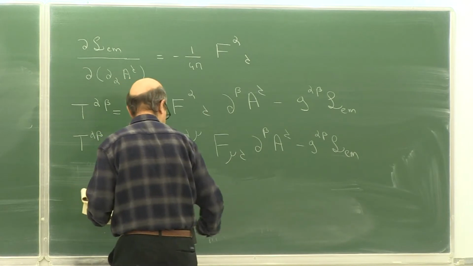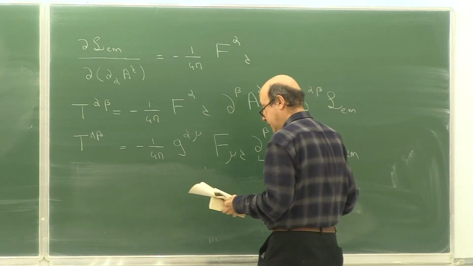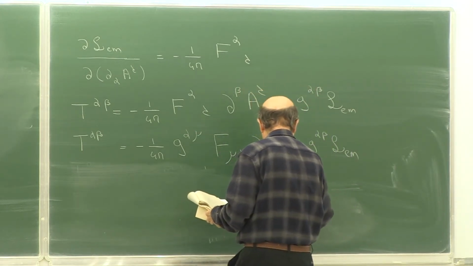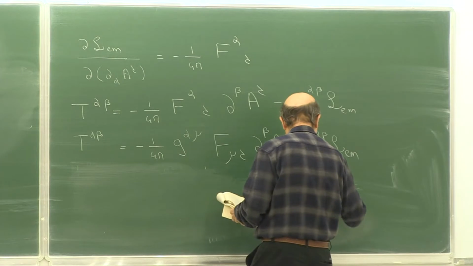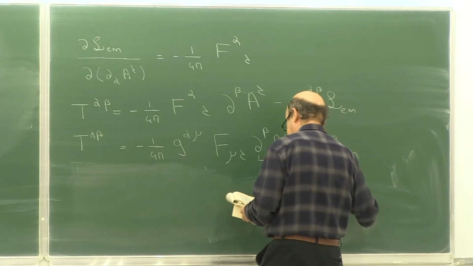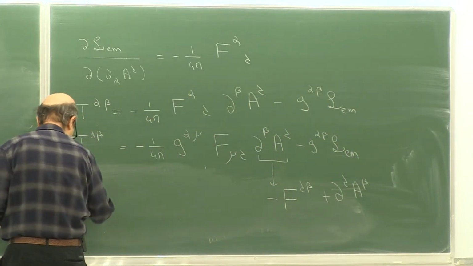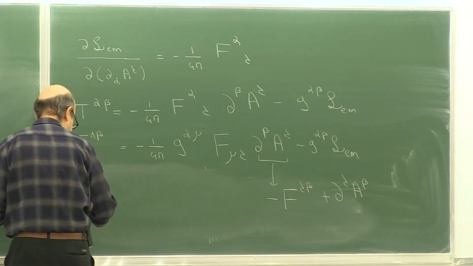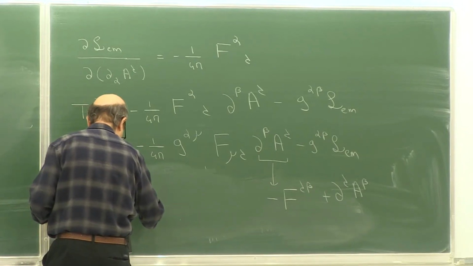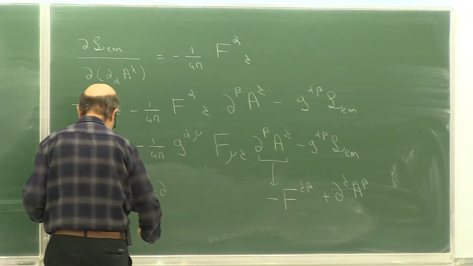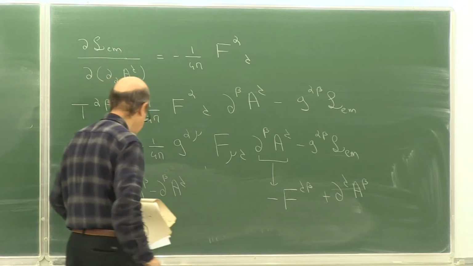You know that ∂^β A^α could be written as minus F^{λβ} plus ∂^λ A^β. You know this. This is very simple. That is, ∂_λ F^{λβ} is equal to ∂^λ A^β minus ∂^β A^λ. Is this right?